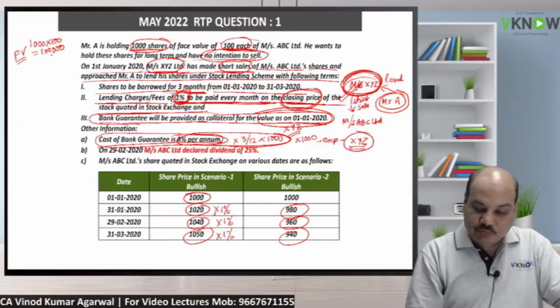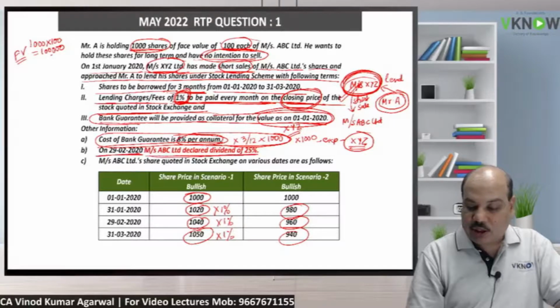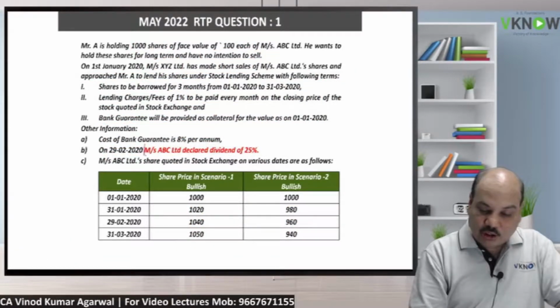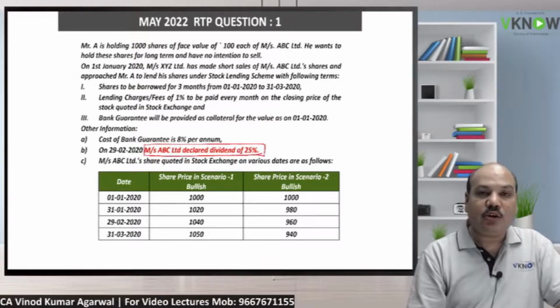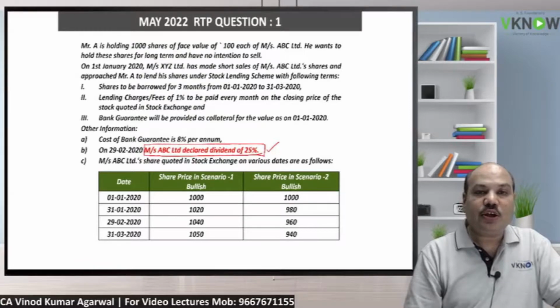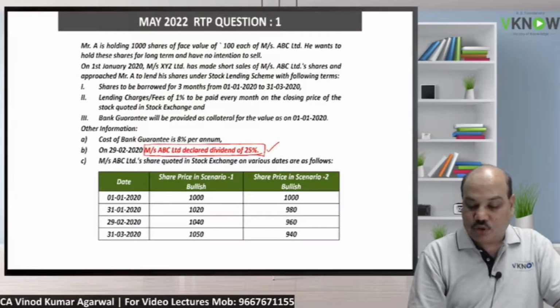And then on 29th March 2020, Messrs. ABC Limited declared dividend of 25%. So one more adjustment. In your original RTP, this is not printed. Later on, the Institute has rectified it. So in case it is not printed in your RTP, kindly note it down.